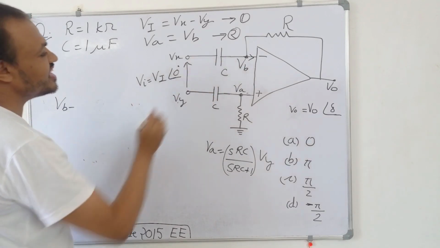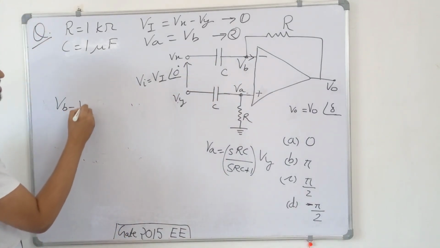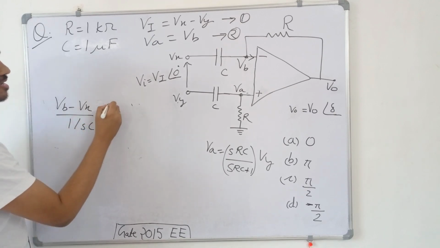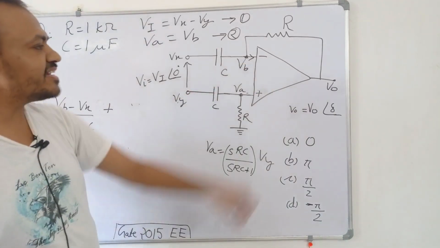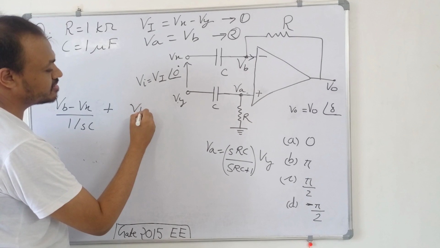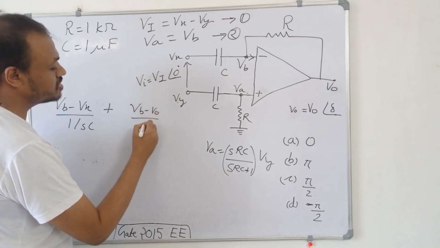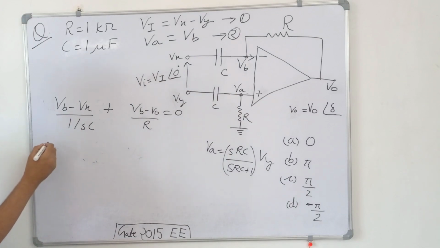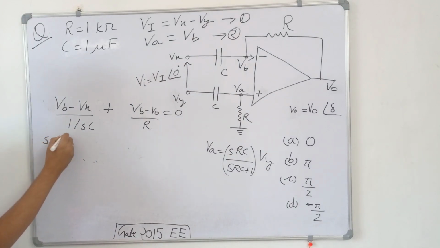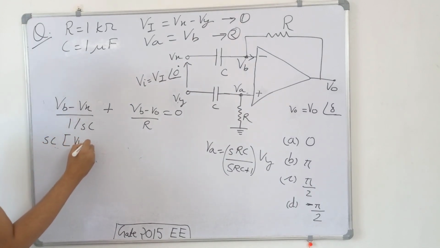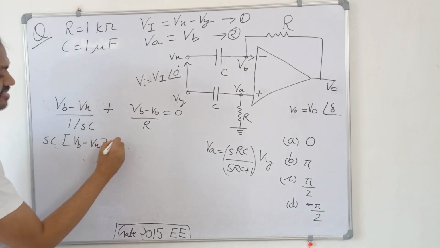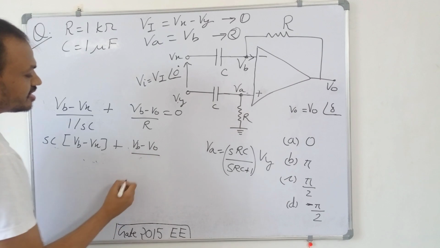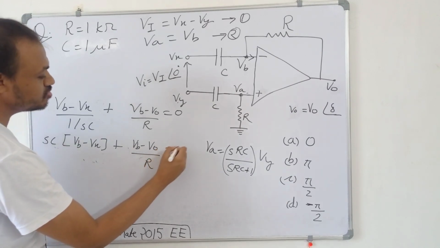So this current: Vb minus Vx upon 1 upon Sc, plus Vb minus V naught upon R, equal to 0. So this we can write as Sc into Vb minus Vx plus Vb minus V naught upon R equal to 0.